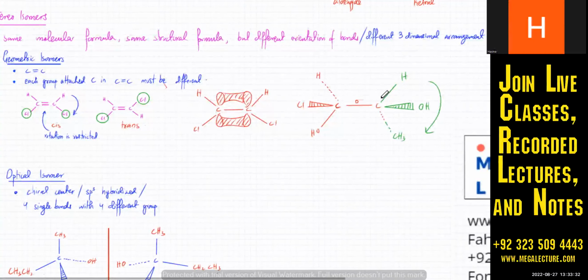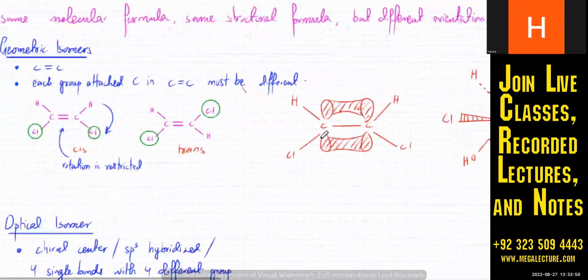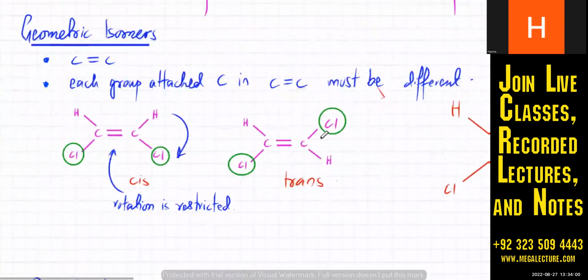These bonds over here can spin around like a fan, and nothing will happen to this bond. They would rotate around independently. Over here, independent rotation is not possible. So they're stuck in place. They can't move around. So if you've got a double bond, the angle is 120 degrees, it's fan shaped.